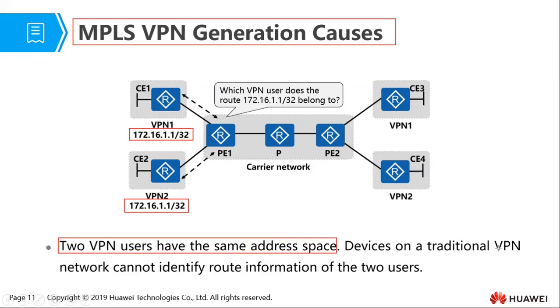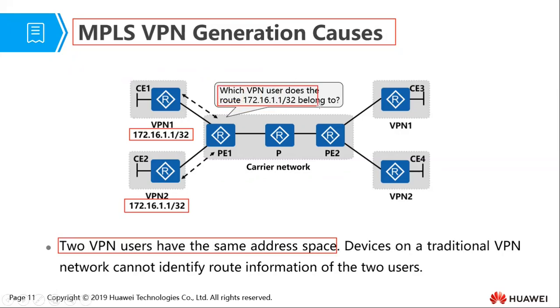Devices on a traditional VPN cannot identify route information of the two users. They could be made to do so, but the configuration and the implementation is very complex. That's why we go the MPLS VPN way.